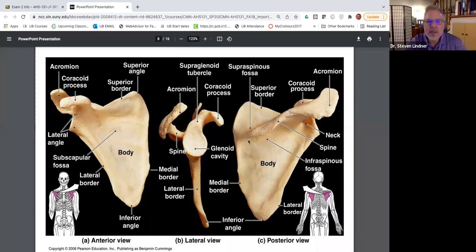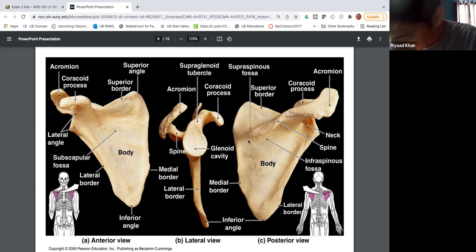The way you should approach it is there are 3 angles, 3 borders, 2 processes, 4 fossae. Okay, so that helps kind of focus in.